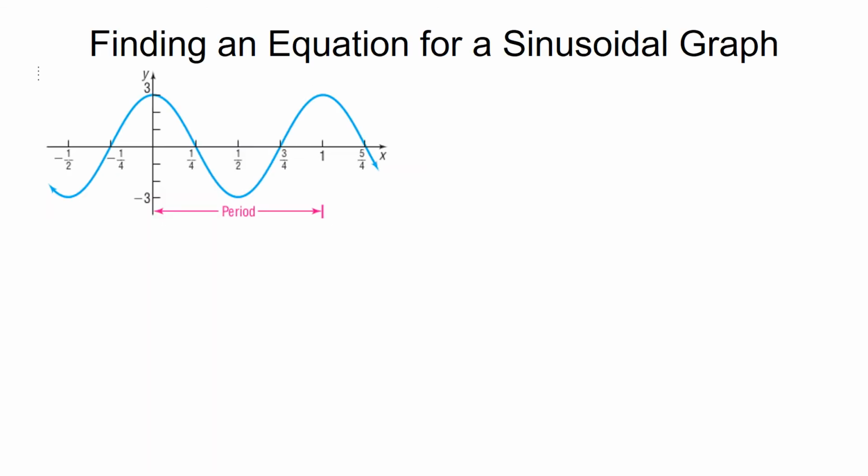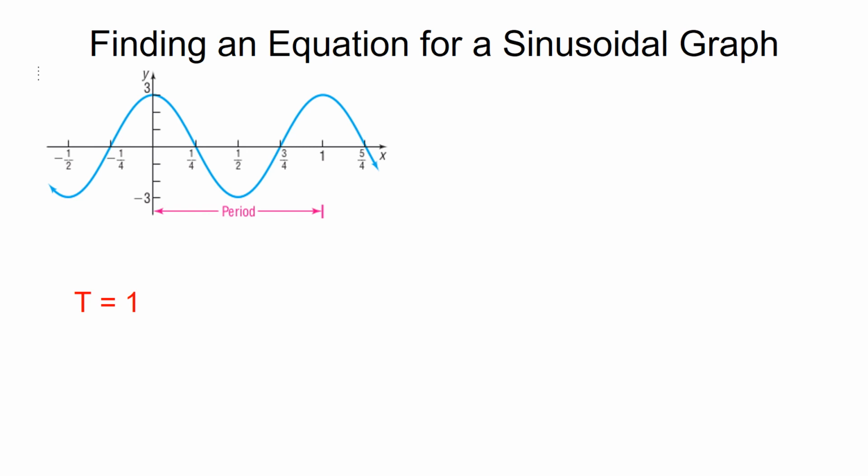We now have a couple of techniques that we can use to graph sinusoidal functions, but sometimes what we want to do instead is to begin with a graph and determine what function is plotted. For example, let's consider the graph of the sinusoid shown. We note that a maximum value occurs at x equals 0, which means that it is a cosine function, and that it is symmetric about the horizontal axis, meaning that there is no vertical offset.